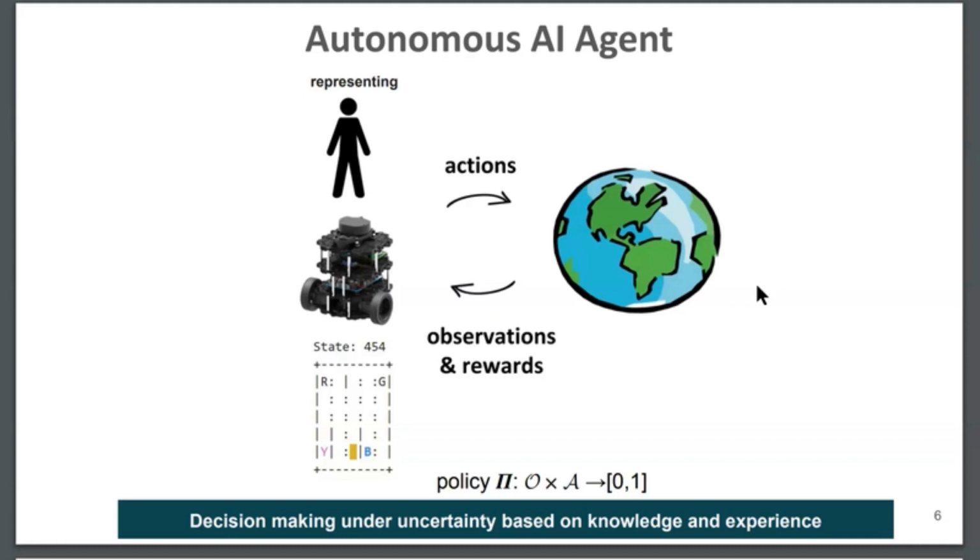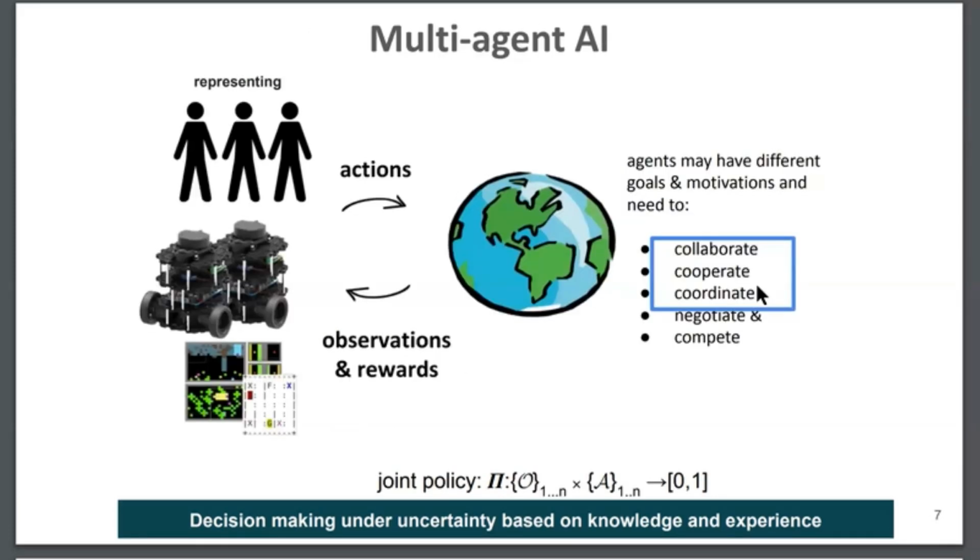And this for a single agent is already very complex, and things become even more complex when we have other agents in the environment. And I know for many of us, multi-agent AI, multi-agent reinforcement learning means different things. I tend to focus on the non-adversarial settings where we have conflicting rewards.